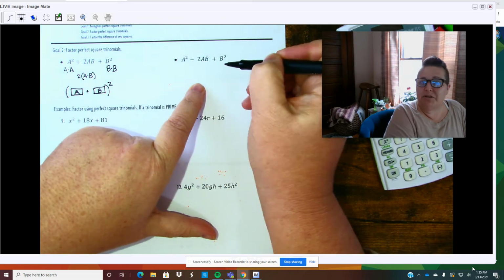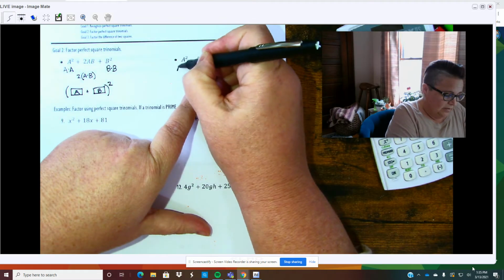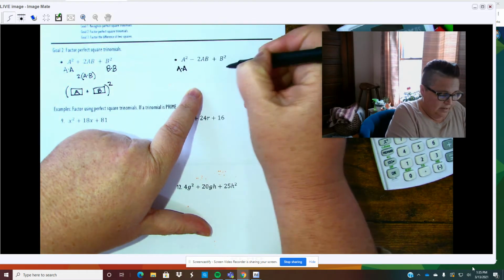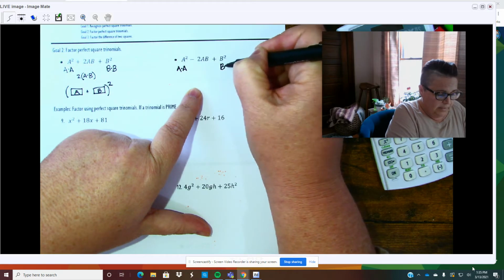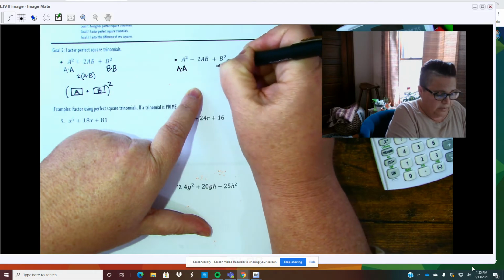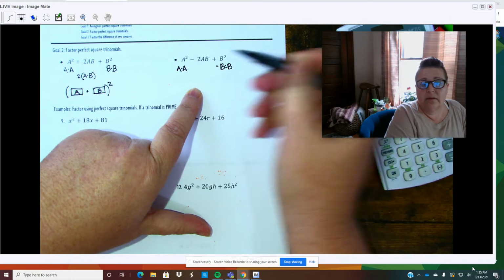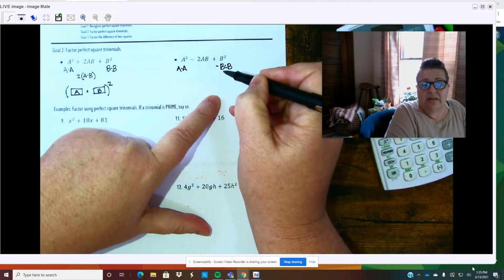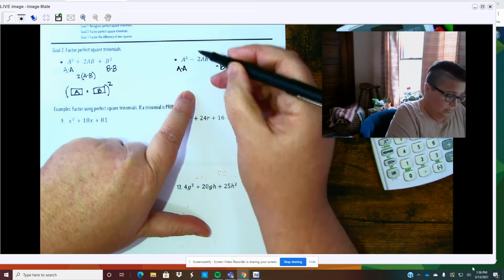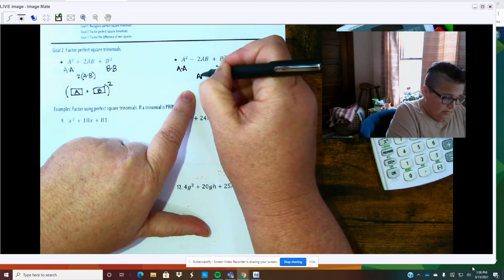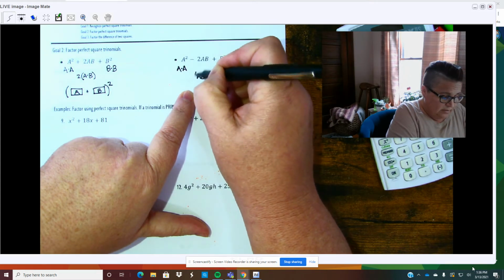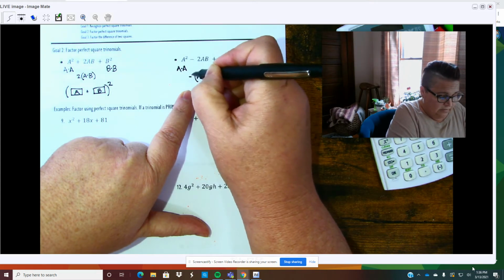It's very similar for the subtraction. A squared is a times a, b squared is b times b, but we want to use the negatives. I know I want to use the negatives because my middle term is that ab multiplied together times a negative 2.